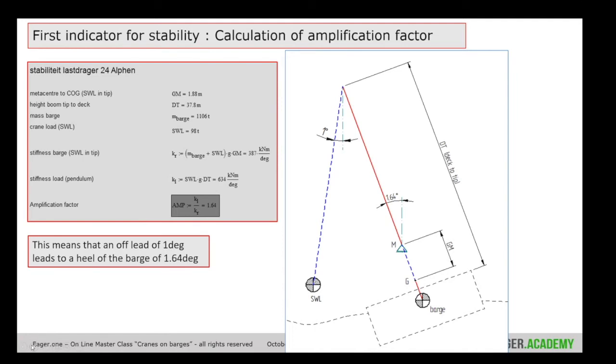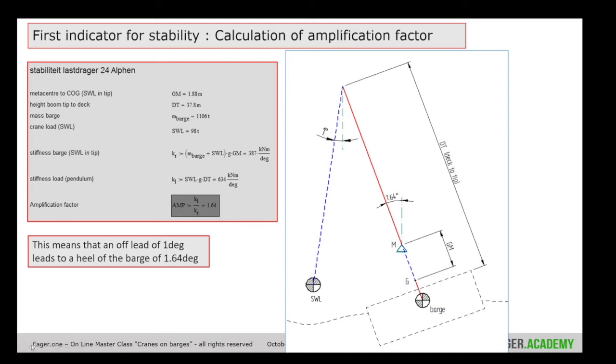As you can see at the left, you can then, as a result, make two calculations of two pendulums with two stiffnesses. The barge ends with 387 kilonewton meters per degree, and the pendulum of the load has 634 kilonewton meters per degree.